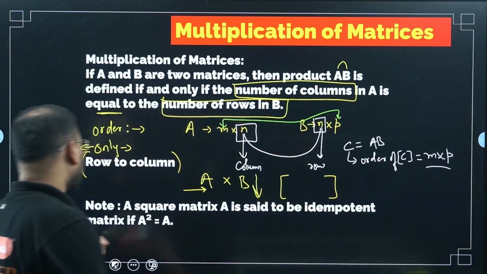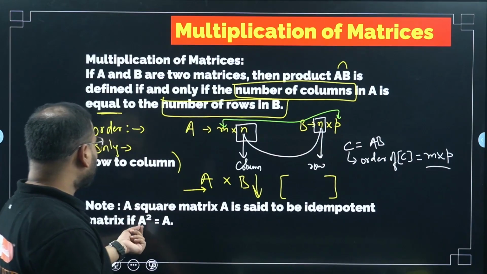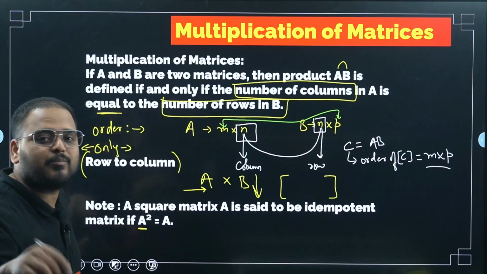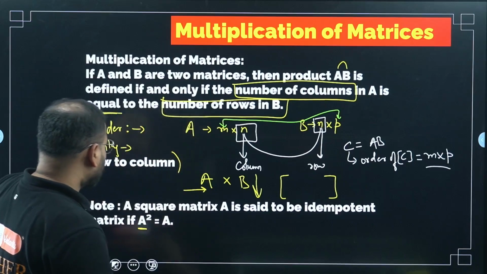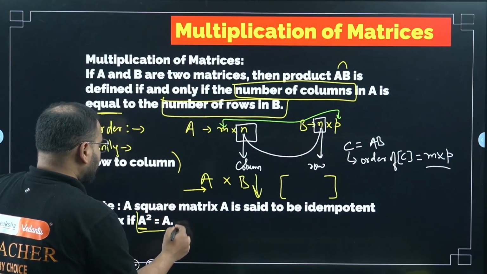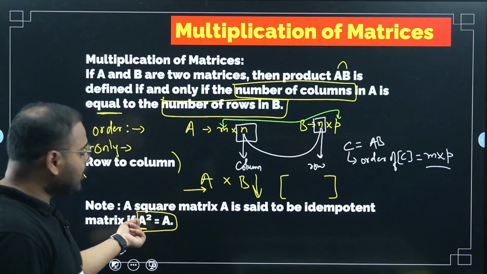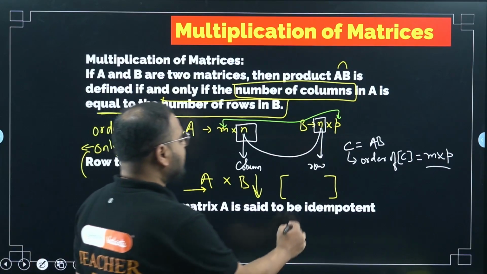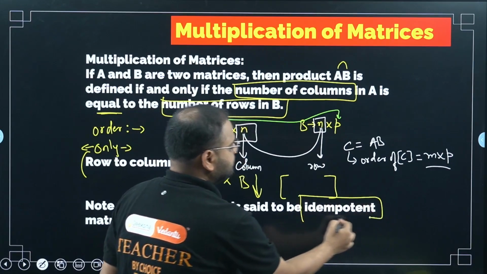Whenever a matrix is multiplied by itself, A multiplied by A, it is called the square, so A into A is A square. Whenever A into A, which is nothing but A square, is equal to A, then the matrix is called an idempotent matrix.